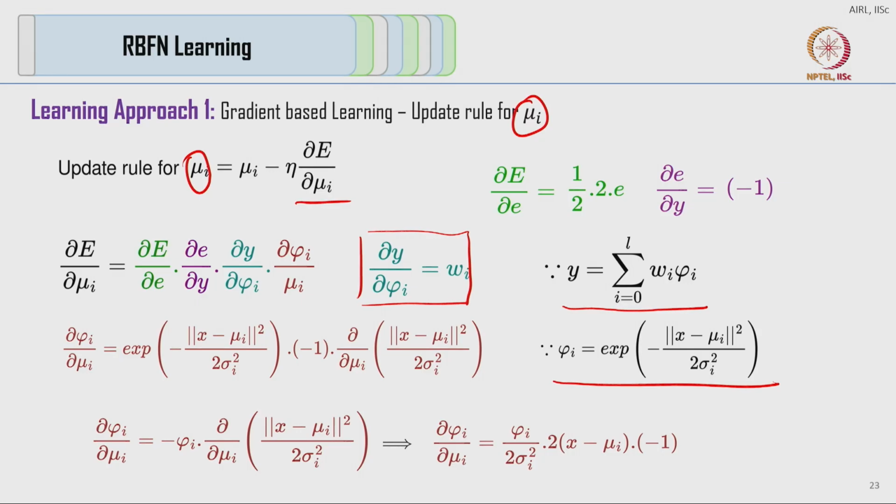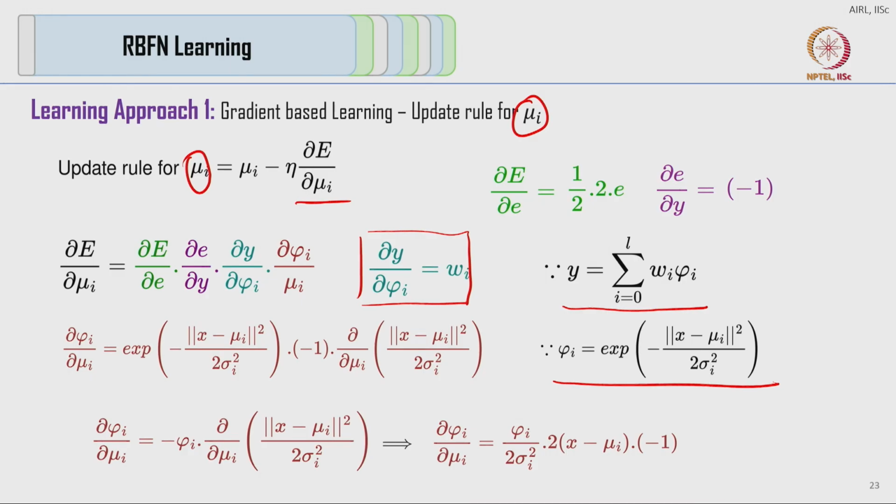Remember, x is a vector, mu is also a vector. So for dou phi I by dou mu I, if you differentiate e power minus x, you will get e power minus x itself. Then the whole term you will have minus, and dou by dou mu I of x minus mu I whole square by 2 sigma I square.